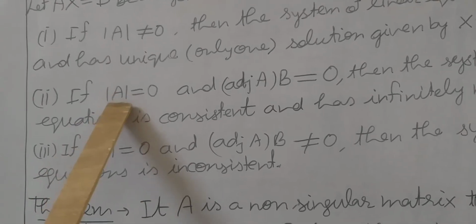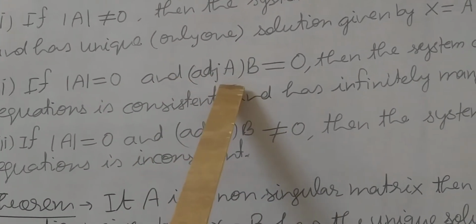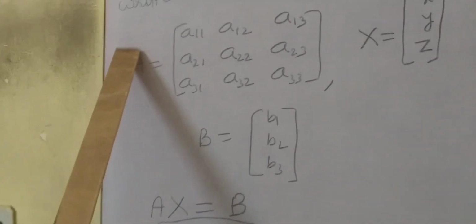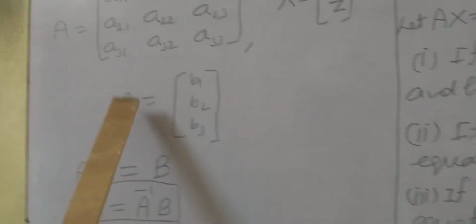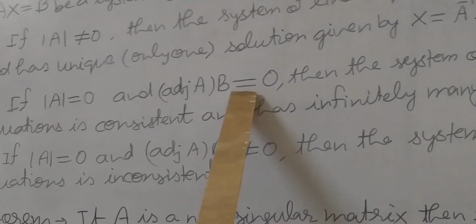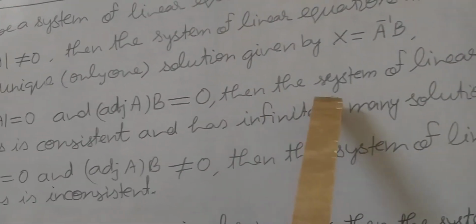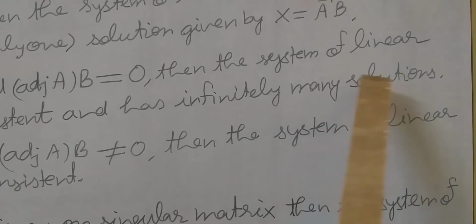Students, if determinant of A is 0, then we have to find adjoint A into B. We have to multiply adjoint A with B. If adjoint A into B is also equal to 0, then the system of linear equations is consistent and has infinitely many solutions.